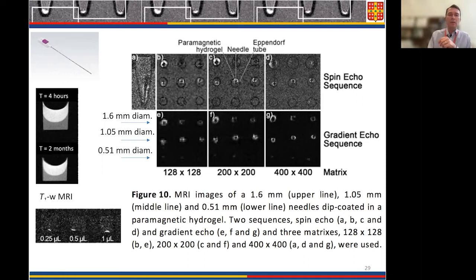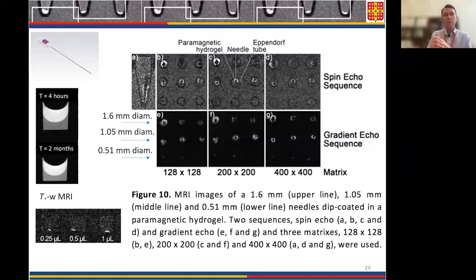So this is a longitudinal section, and these are cross sections of Eppendorf tubes that contain titanium needles with a specific coating. So we demonstrated the possibility to visualize the contours of the biopsy needles with spin echo and also with gradient echo, with a few seconds only to generate the images.